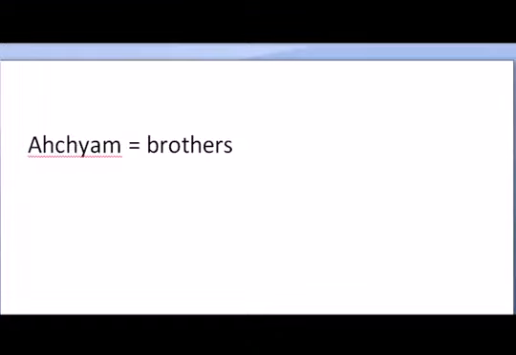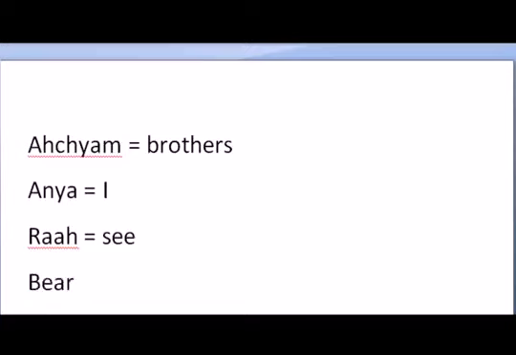We're going to start off by giving you a couple of words, and we're going to construct a sentence. The first word I want to start with is anya, which is I, singular, when you're speaking about yourself. The second one is ra'ah, which is see, and the third one is dab, which equals bear, as the animal.